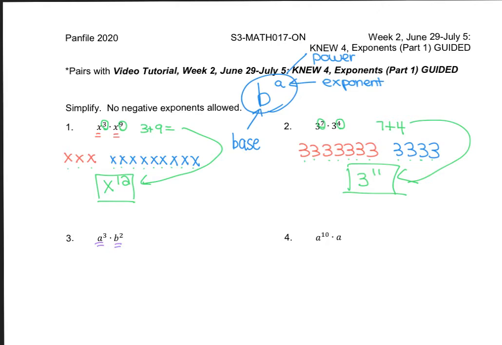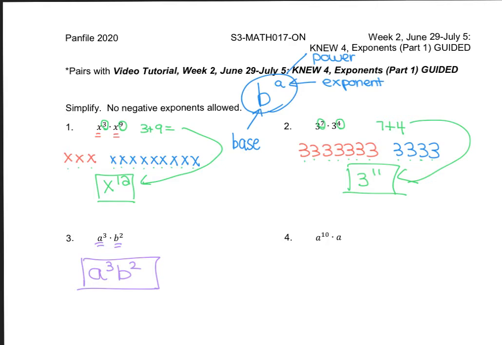So because of this, our answer stays exactly as our problem started, A to the third, B to the second, and we're done. Bases are different, so we cannot combine anything, and we circle our answer.